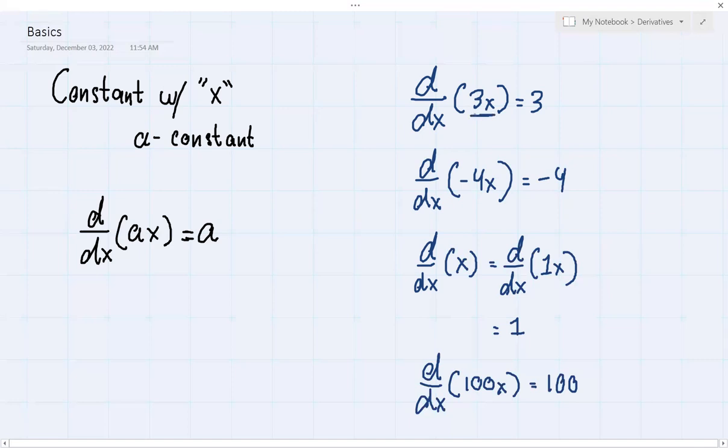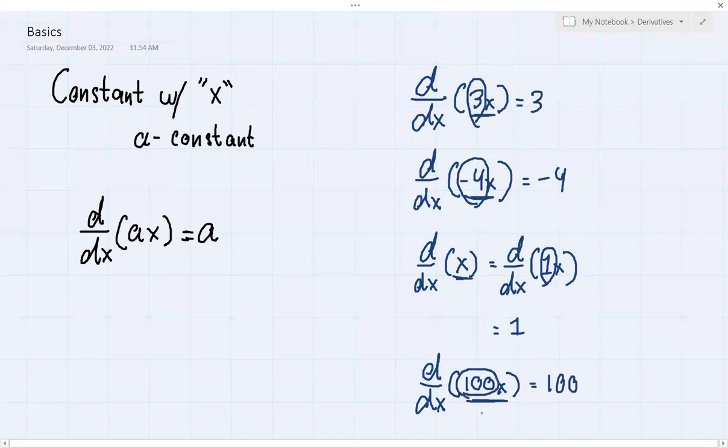Si 3x, anong derivative ng 3x? Yung constant na si 3. Anong derivative ng negative 4x? Ang derivative niya ay yung constant na si negative 4. Anong derivative ng x? Ang sagot niya ay yung constant na si 1. Anong derivative ng 100x? Ang sagot niya ay yung constant na 100.